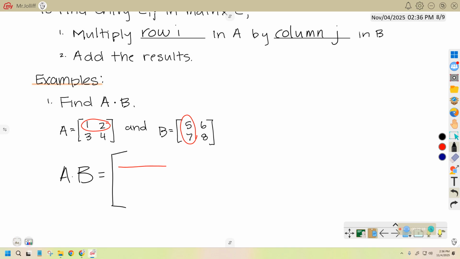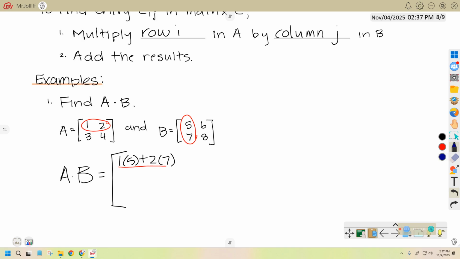So I'm going to have 1 times 5 plus 2 times 7. First entry times first entry, second entry times second entry, add the results. That's the first number in my 2 by 2 answer matrix. I'm going to have 3 more.